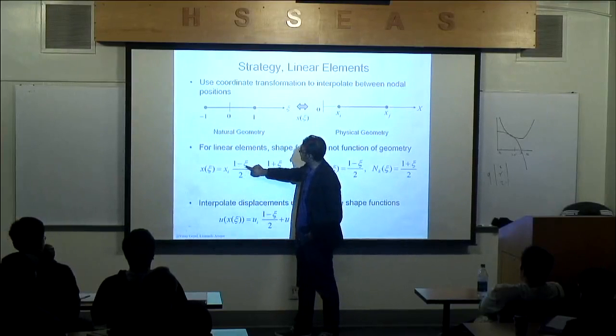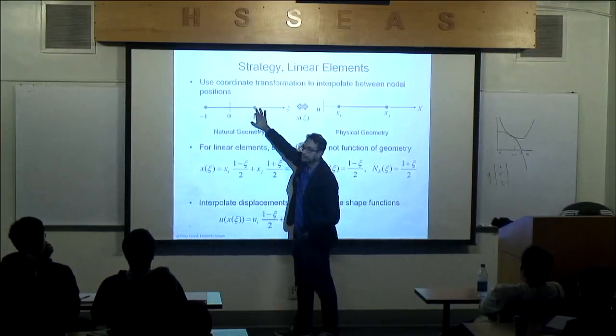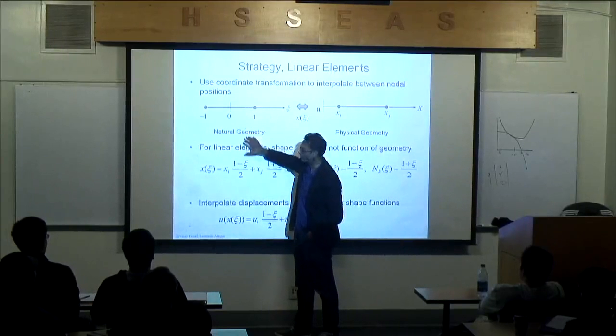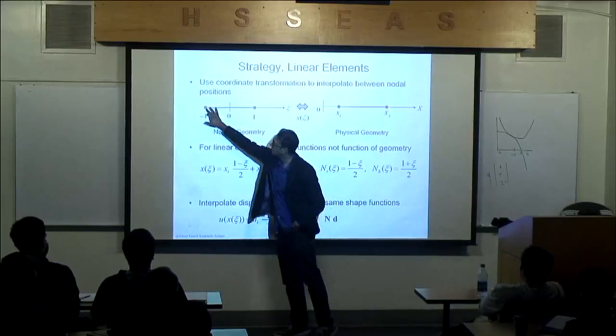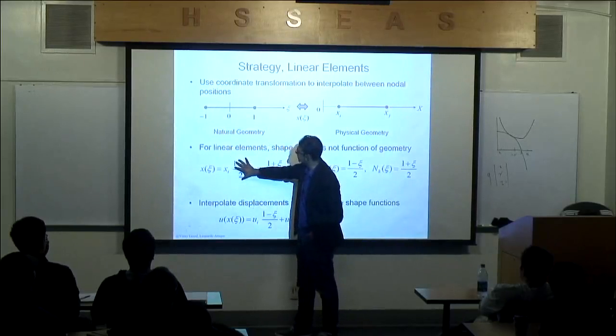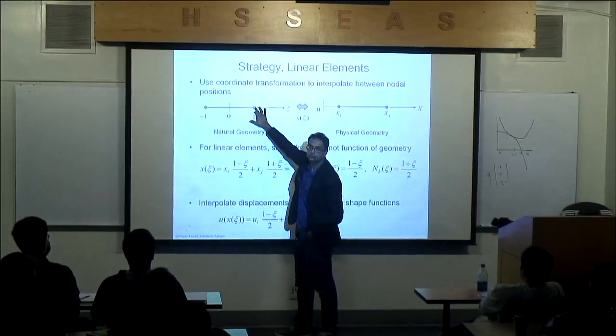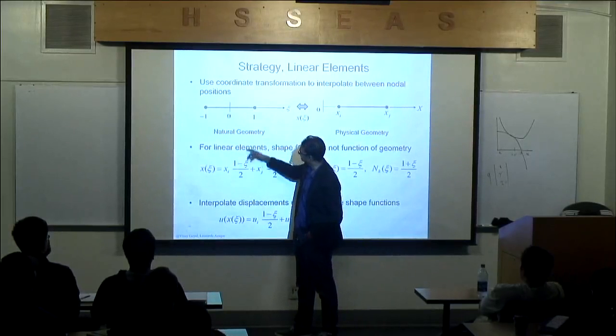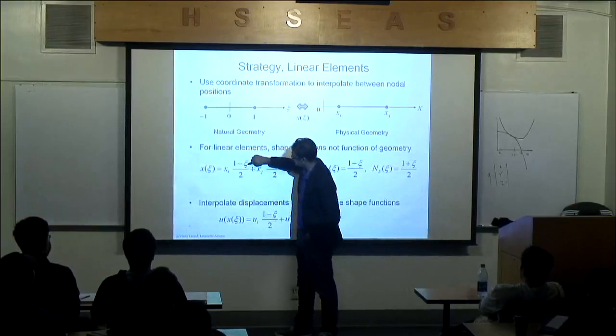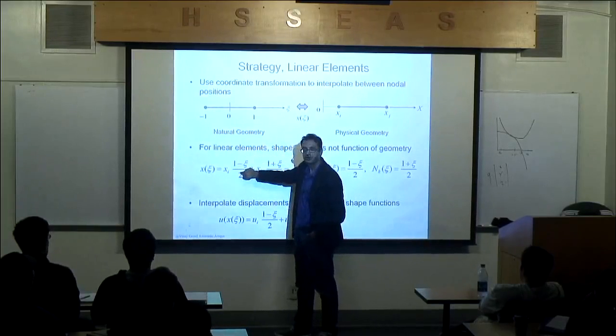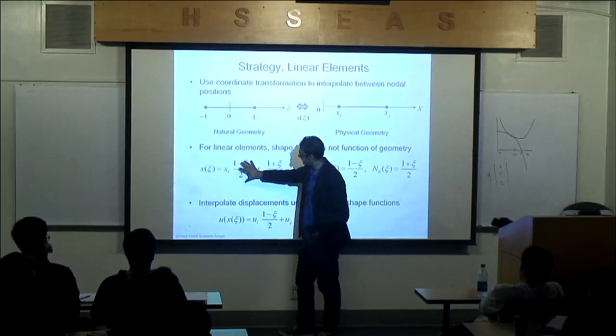So at ξ = 1, do I get 0? This shape function belongs to node i, so this shape function must be 0 at this node. You agree? So does it work out? If I put ξ = 1, do I get 0? Yeah, excellent. If I put ξ = -1, do I get 1? Beautiful. I have a shape function that seems to work.